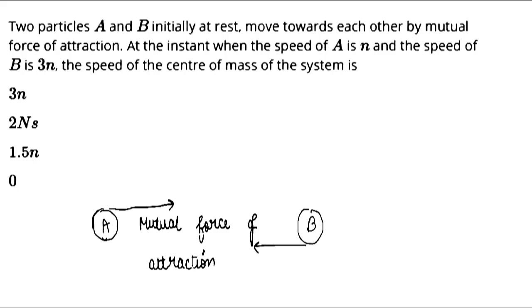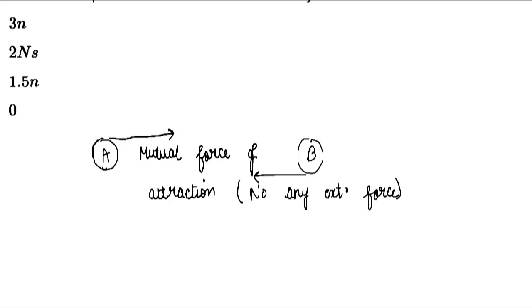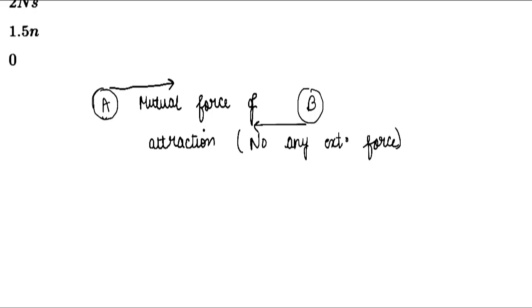Okay guys, so what is this mutual force of attraction? If there is a mutual force of attraction, it means there is no external force working on it. So there is only internal force in this system.